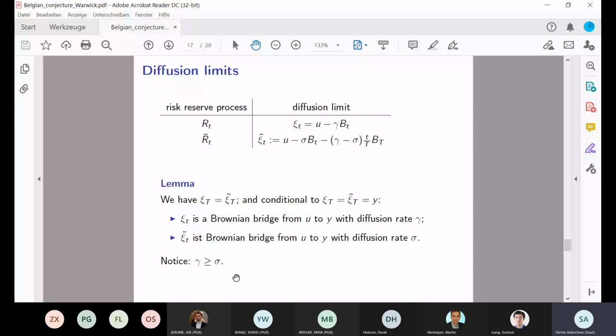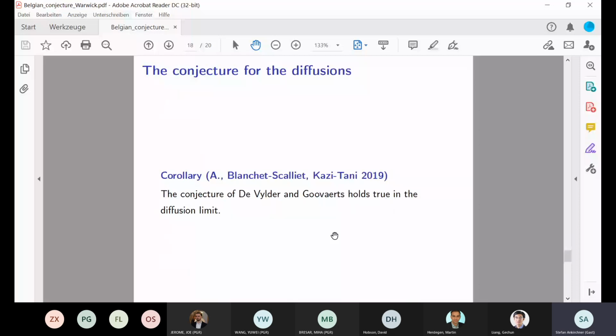You can directly read from the explicit formulas for the hitting probabilities of Brownian bridges that the diffusion limit of the modified process hits zero with a smaller probability than the diffusion approximation of the original process. So in other words, to put it differently, the conjecture of De Vylder and Goovaerts holds true in the diffusion limit.